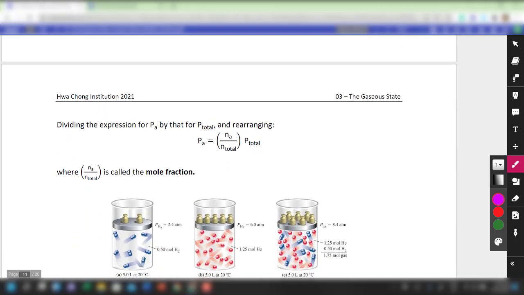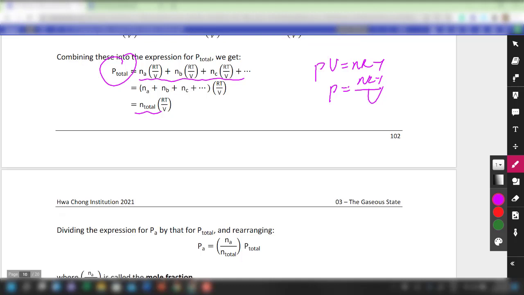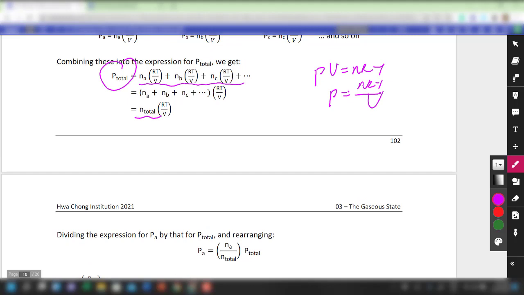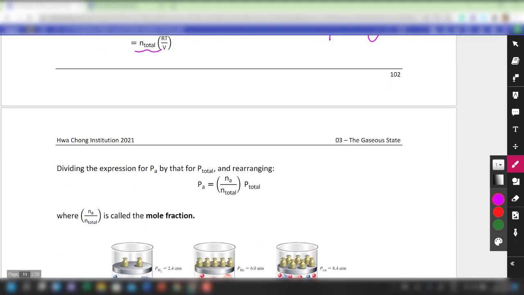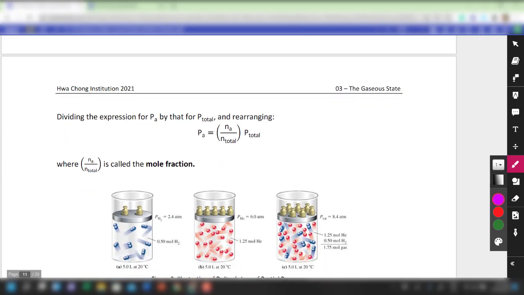And then from here, they come up with a new term. For each of the gases, if you divide the number of moles by the total amount, you get what we call expressing it in terms of partial pressure. If I want to find the partial pressure of A, essentially that's the amount of A present divided by the total amount, multiplied by the total pressure.